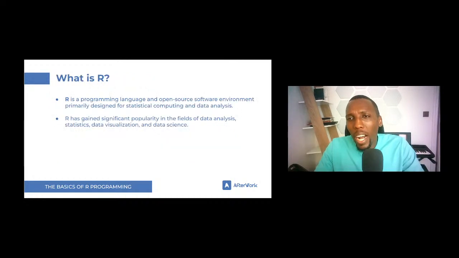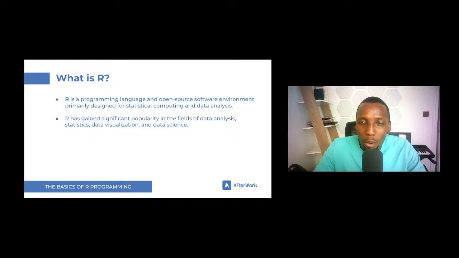What is R? R generally is a programming language that we normally use for data analysis. When it comes to programming languages, there are quite a large number of them. And for a simple definition of what a programming language is, so that we have a good idea, a programming language is software that we can use to write applications.